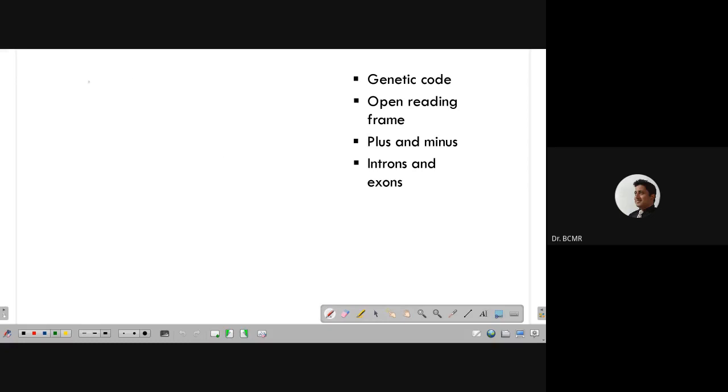If I was talking about translation, I'll just put ATG, GAC, CAG, CCC, GGG, and TGA. The first one is always ATG. It is the start codon. TGA is a stop codon.